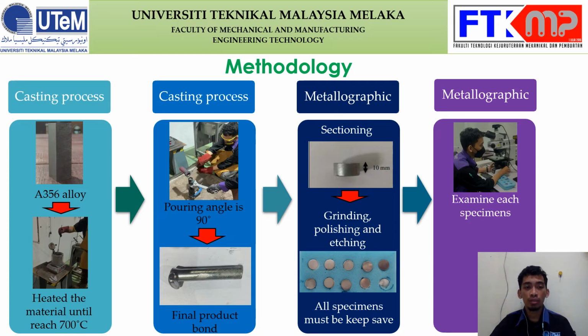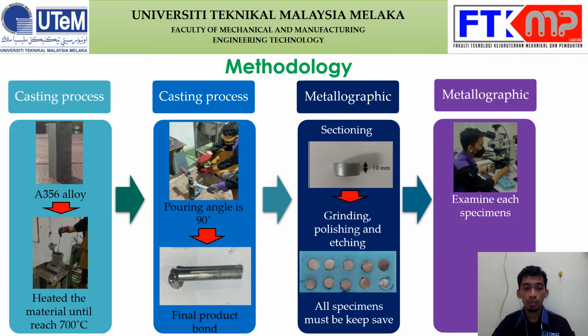Okay, for the casting process, we prepare the equipment first, such as the furnace and single cavity mold, and the material needs to be cut first for easier melting. The aluminum alloy is heated in the furnace until it reaches a temperature of 700 Celsius.